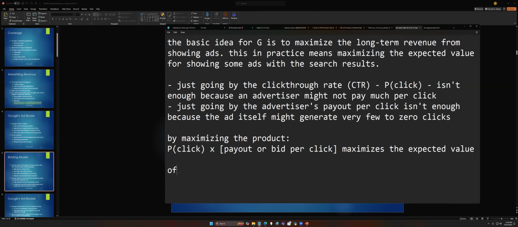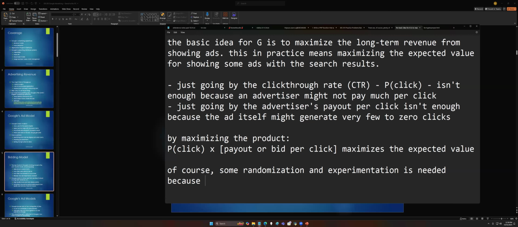And of course, some randomization and experimentation is needed because there might be new ads with no history of clicks. There might be trends, there might be changes in the bid rate, there might be changes in the relationship between ads and certain search terms. So different things happen.